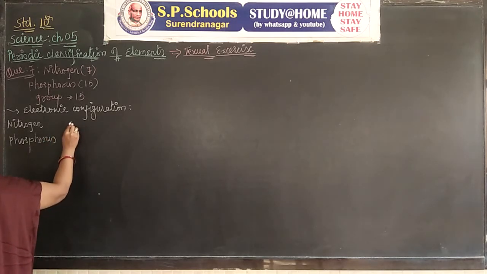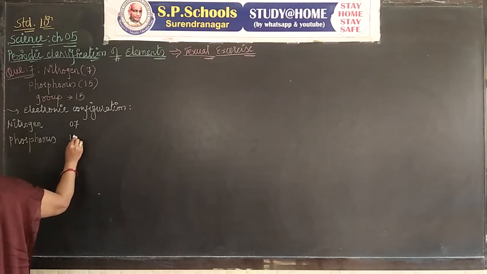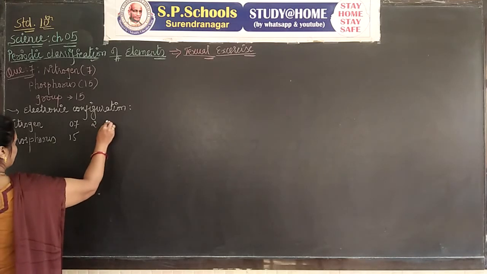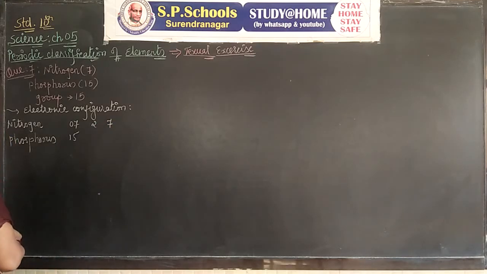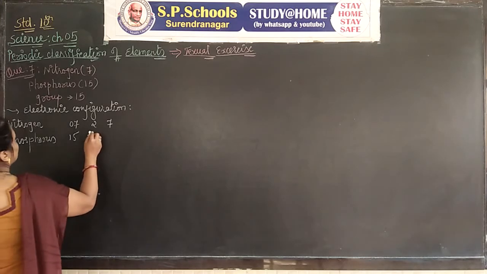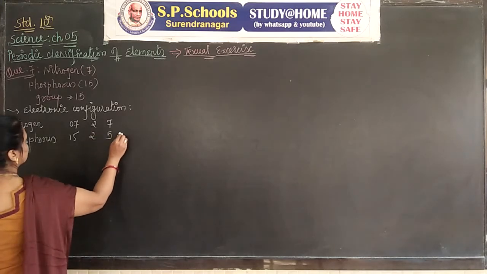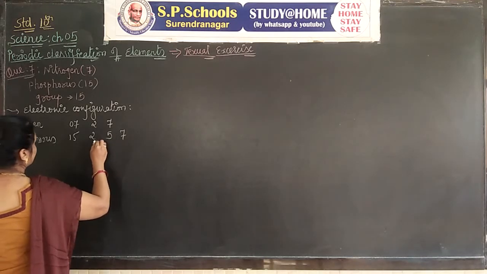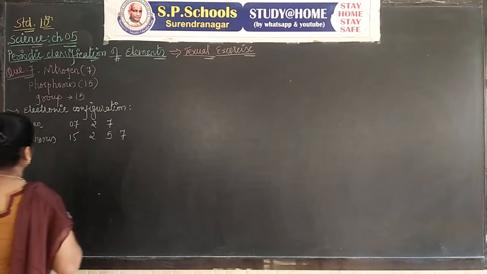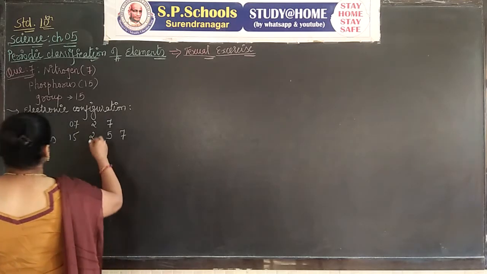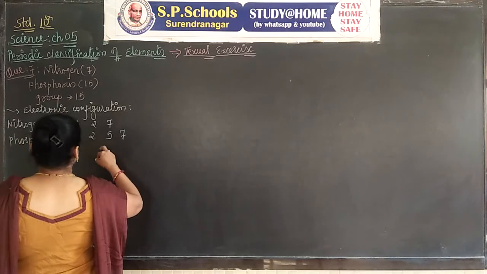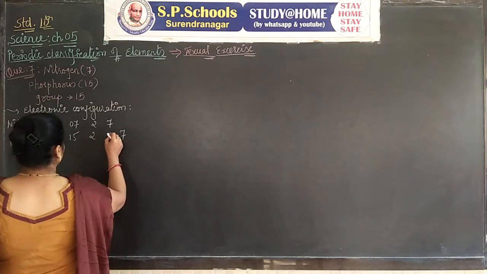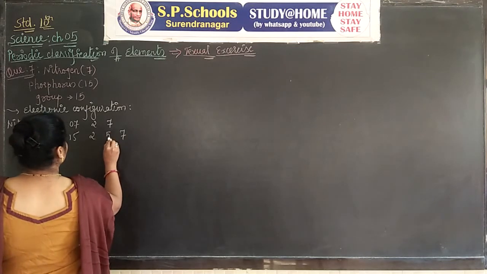Nitrogen atomic number 7, phosphorus atomic number 15. It will be 2, 7 in case of nitrogen. Nitrogen 2, 7, phosphorus 2, 8, 5.